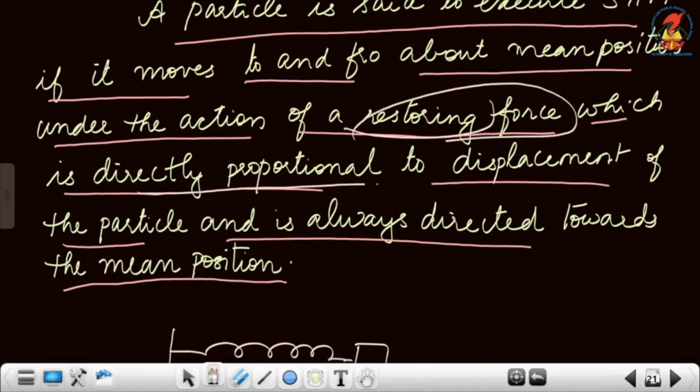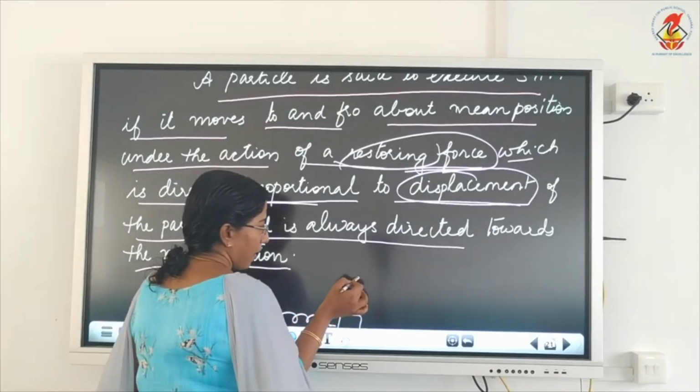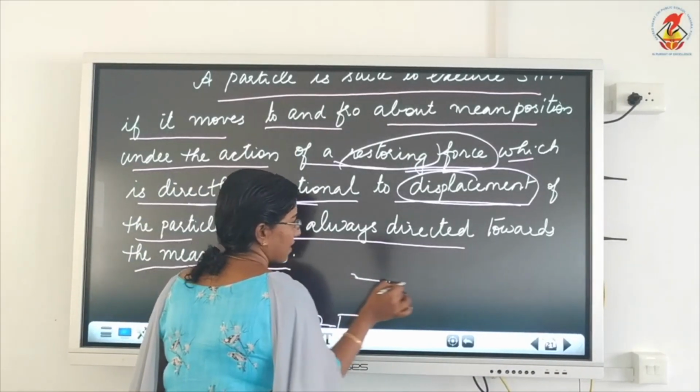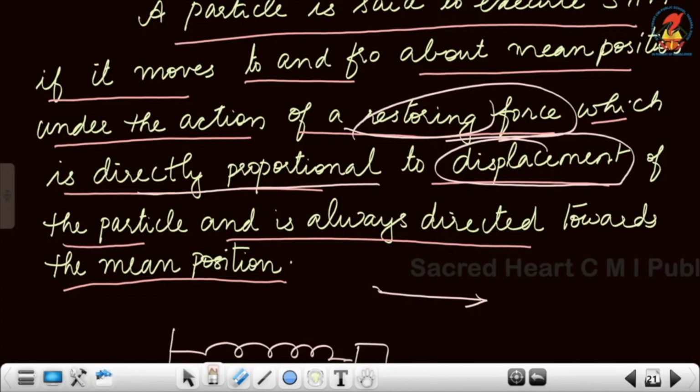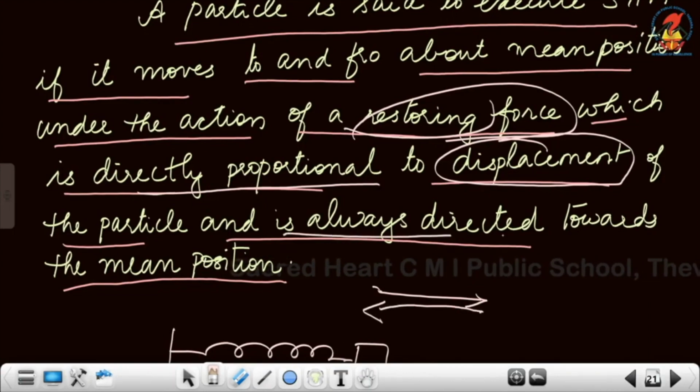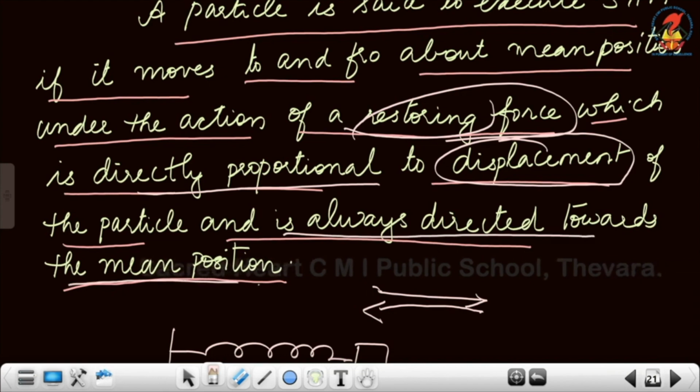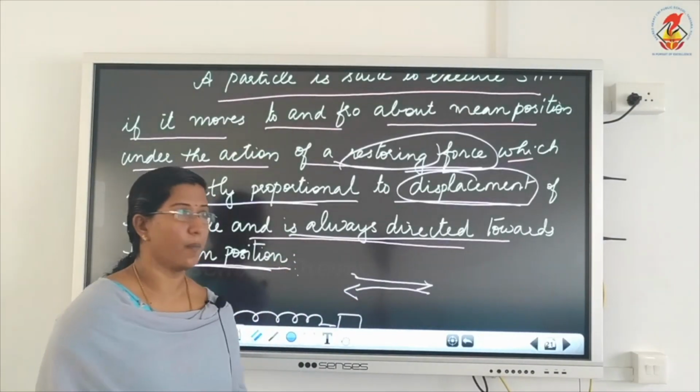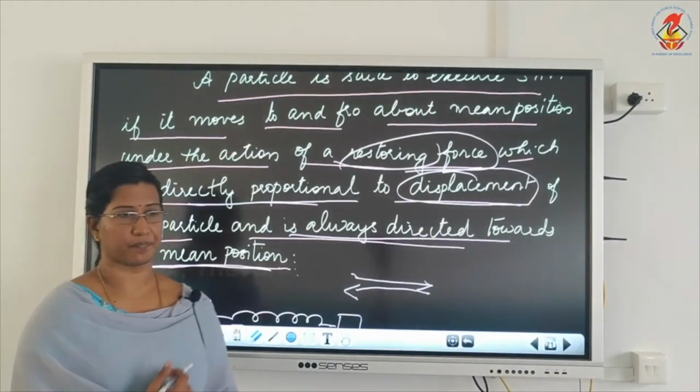It is directly proportional to the displacement of the particle from the initial point. And what is the direction of restoring force? Suppose I am trying to move the spring to this side. What does this restoring force do? It will try to pull the spring back to its initial point. So it is always directed towards the mean position, in the direction opposite to that of the displacement. Now this is the definition for simple harmonic motion.